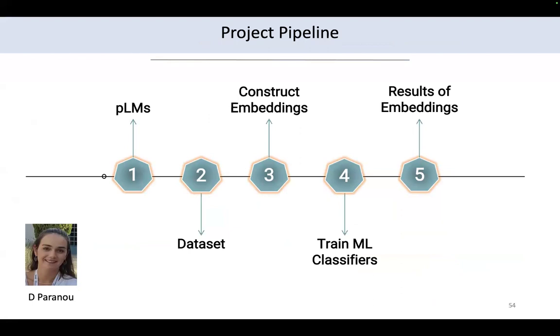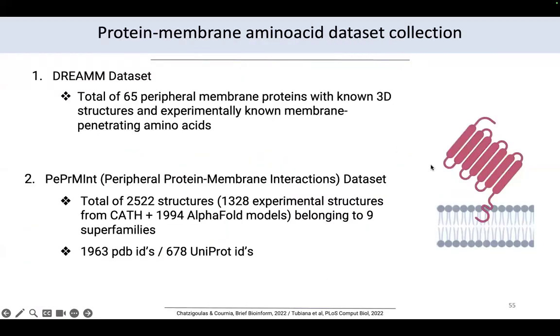Dimitra Parano in our lab took this protein language model, created a dataset, and constructed embeddings or features for this language model. She trained machine learning classifiers, and now we will see the results of the embeddings. Now we move on from traditional machine learning to deep learning.